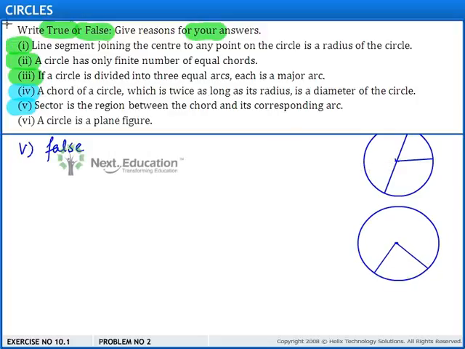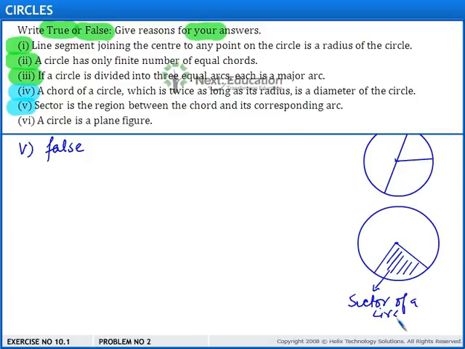And we have 2 radii, then this is called the sector of a circle. And if we have a chord, that is a line segment joining any 2 points of the circle, then this region is called the segment of the circle.